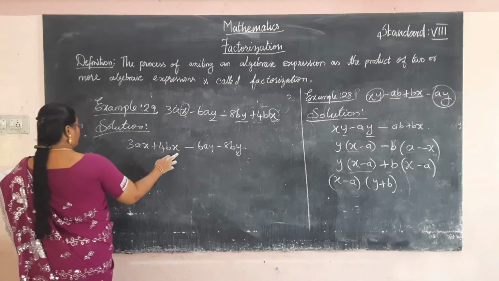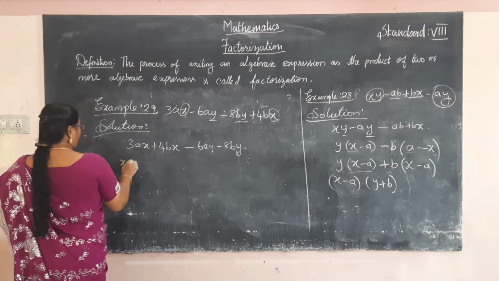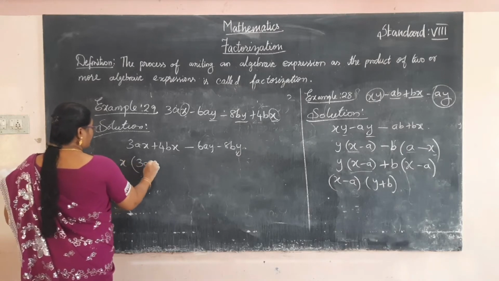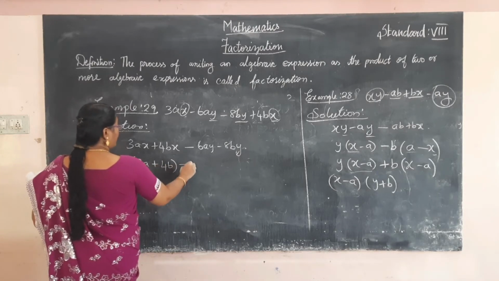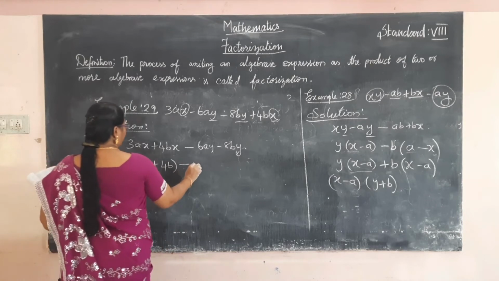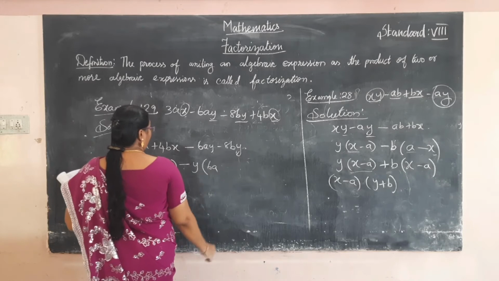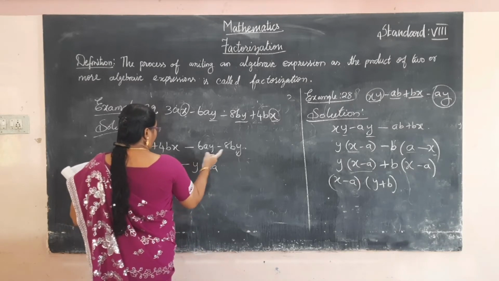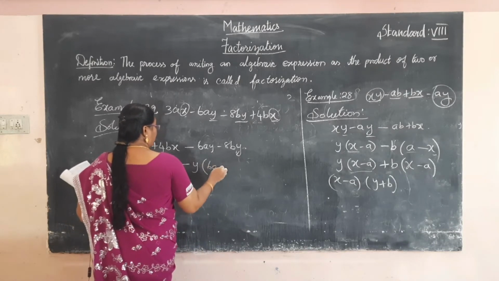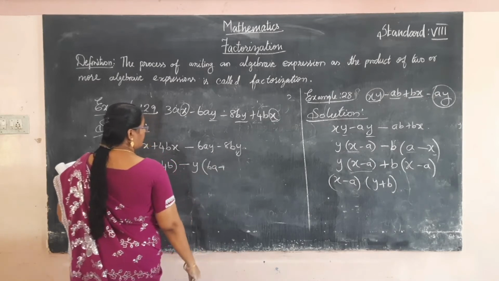Which are the common terms here? Take x outside. So what remains? 4b. Here the y term: take y outside, remaining 6a. Already taking minus outside, so plus.